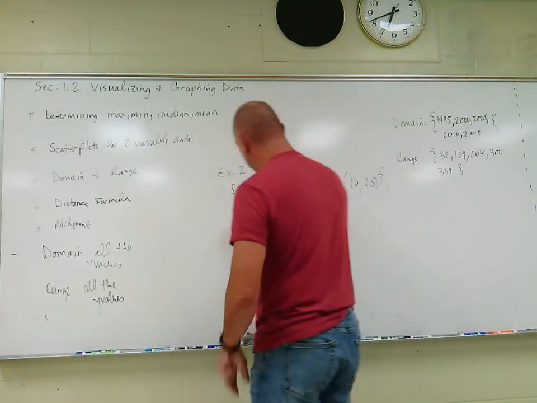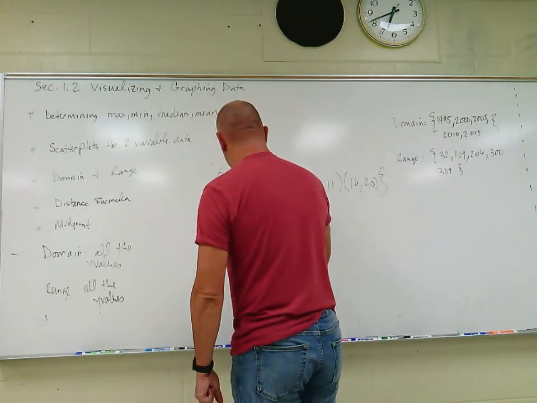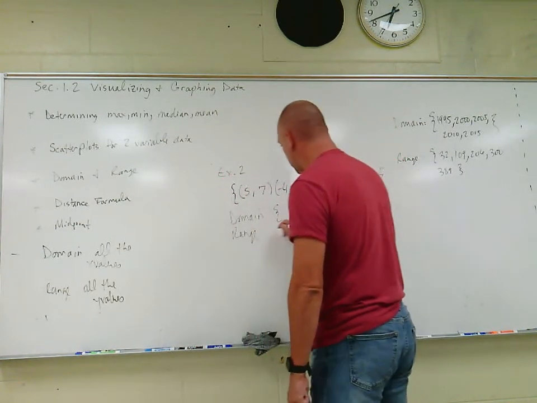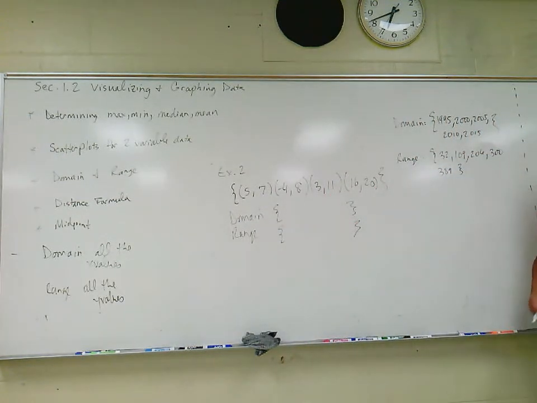In the points, you can see what the X's and Y's are. Can you list the domain and can you list the range? Make a set and just put all the X's. Typically, we put them in increasing order. So can you write out what the domain is and what the range is? And typically put them in increasing order, don't just write them in there.